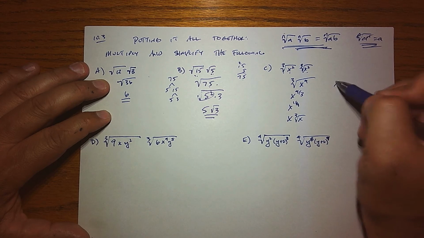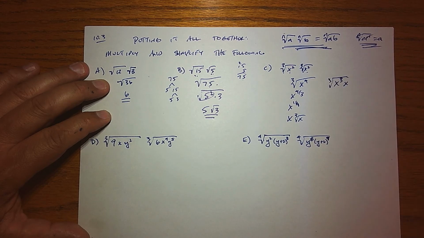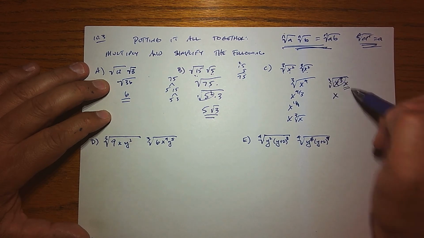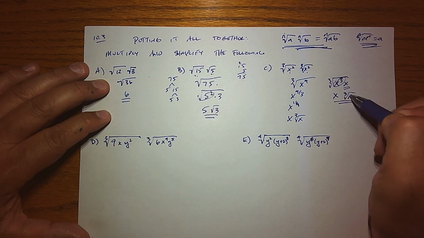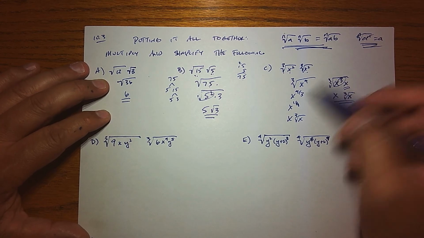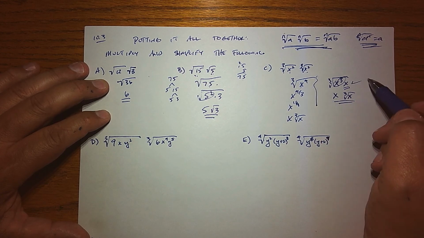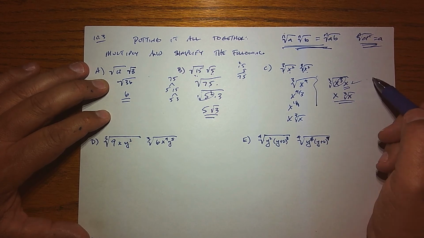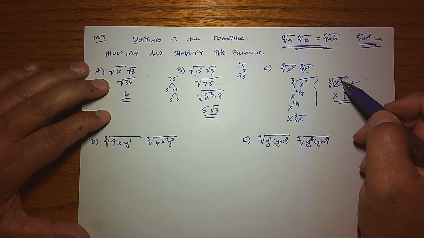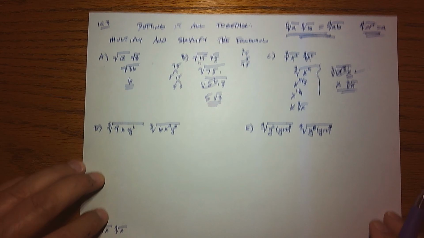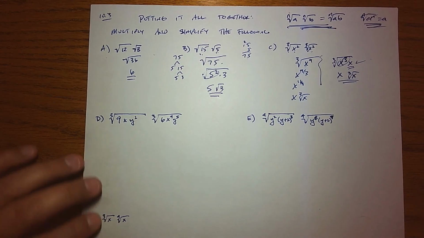If you don't like that, x to the 4th breaks up into x cubed times x, and so you can see there's a power that matches the index, so an x comes out and an x stays in. So whatever route you like. I'm using fractional exponents, where I'm basically breaking things up into powers that match the index. Whatever works. Hopefully by this time you're getting a feel for what you like best.